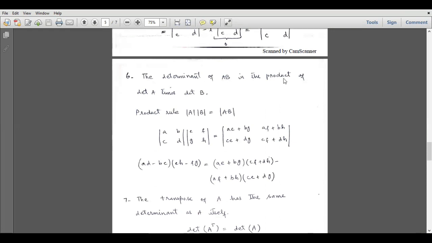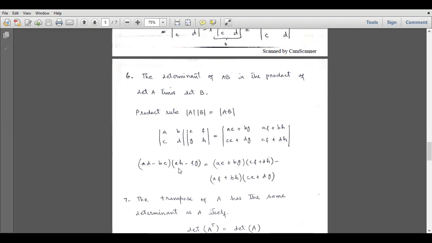The determinant of AB is the product of the determinant of A times the determinant of B. The product rule can be stated as: the determinant of A multiplied by the determinant of B is equal to the determinant of A multiplied by B. This can be derived as well, and the derivation is extremely simple. So this is the determinant of A, this is the determinant of B, and this is the product of the two matrices, which is taken first, and then the determinant of the product can be represented in this way.